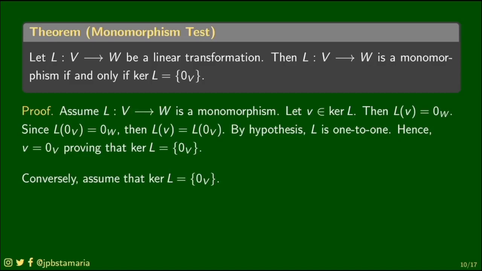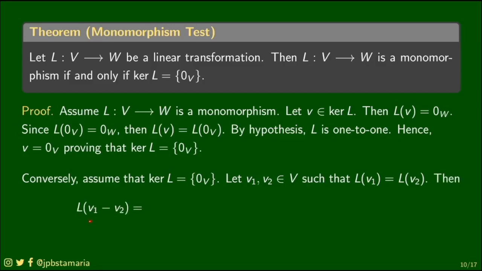Conversely, assume now that the kernel only has one element, which is the 0 element. We now prove that L is one-to-one by selecting two elements in V and assuming that their images are equal. We need to show that V1 is V2. How do we do that? I will consider the image of their difference. Because L is linear, this translates to L of V1 minus L of V2.